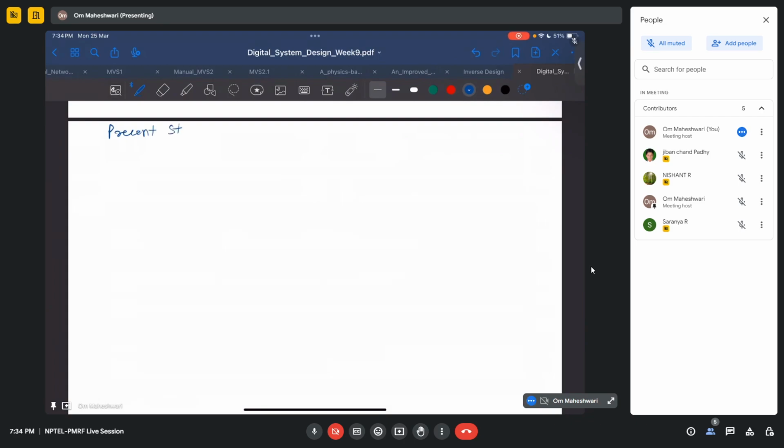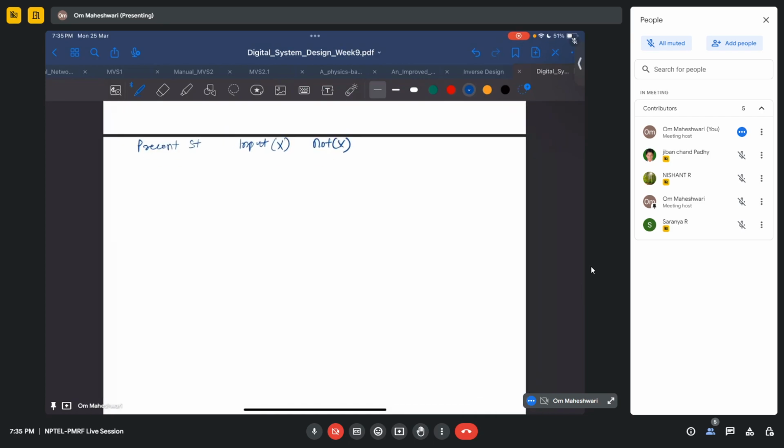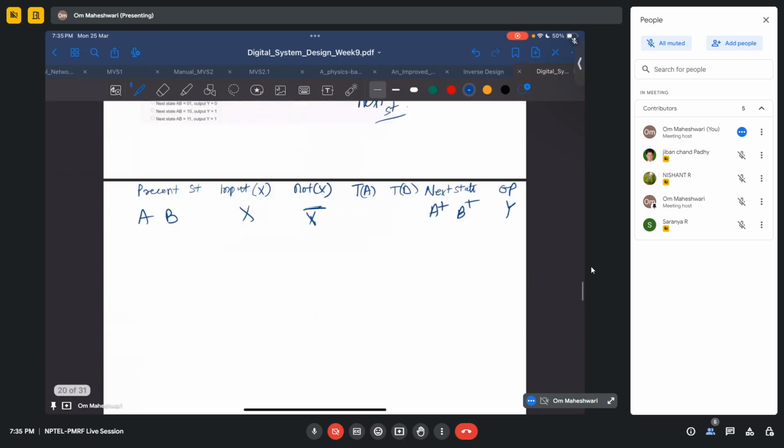Present state, input x, x bar, then flip-flop outputs T of A, T of B, next state, and output, this is y. Next state is A plus, B plus, A, B, x, x bar. This is basically flip-flop inputs.